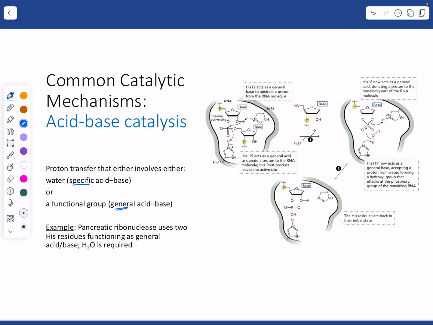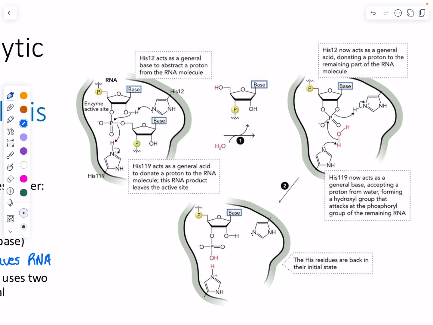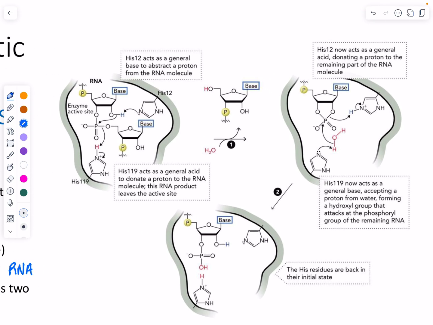So in this case, pancreatic ribonuclease serves the role of cleaving. It breaks the bonds in an RNA molecule. That's hence the ribonuclease part. It's going to use two histidine residues that function in a general acid-base mechanism. So we're going to zoom into this, and it requires the addition of water as well.